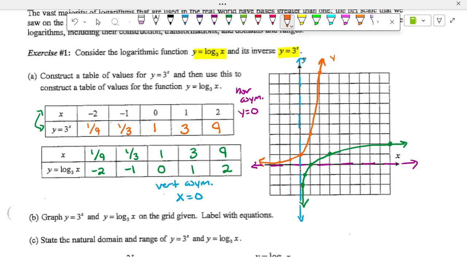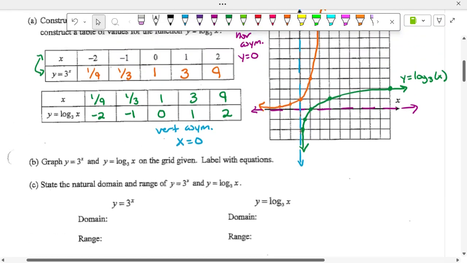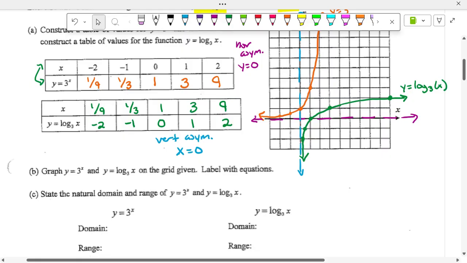So this orange graph is y equals 3 to the x power. The green function is y equals log base 3 of x. Now, if we look at the orange graph, what's the domain?